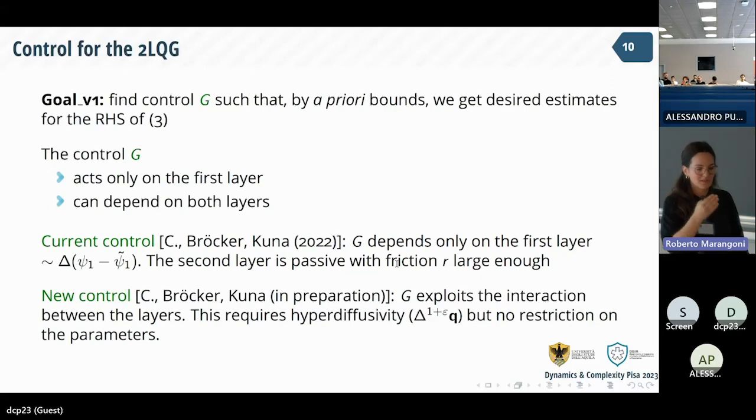We want to push the action of the noise to the second layer, and how can we do this if we're not exploiting the interaction between the layers? With this new control, probably though, we will need some hyperdiffusivity. No conditions on parameters, but hyperdiffusivity, so a little bit more drag or diffusivity on the high modes at least.